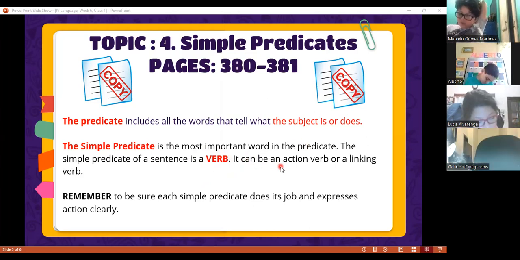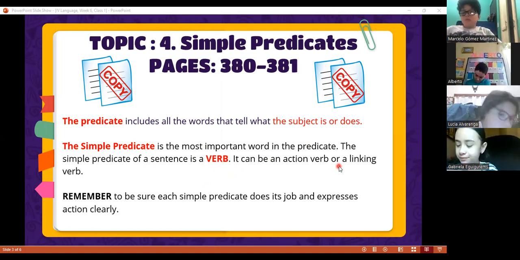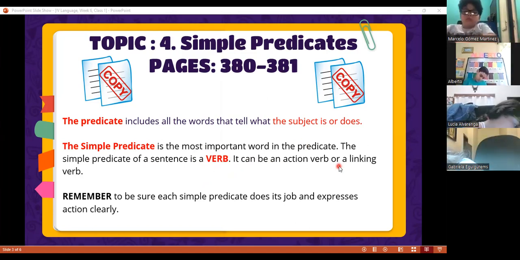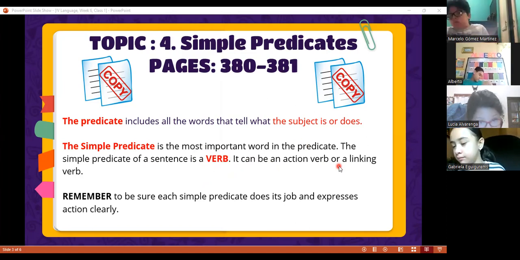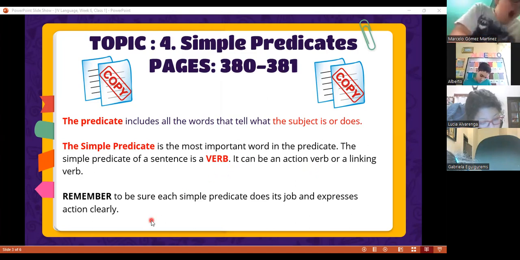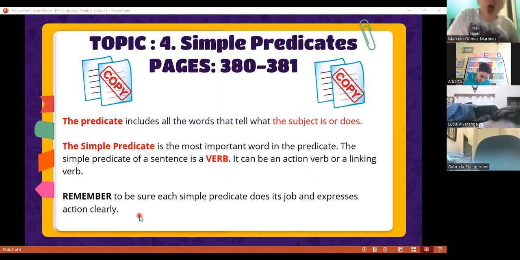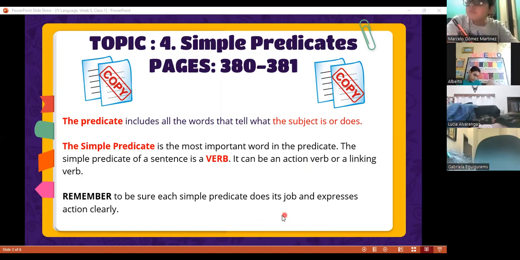It can be an action verb like jump, or a linking verb like the verb to be: am, is, or are in present, or was and were in past. So the verb is the simple predicate in the sentence. Remember to be sure that each simple predicate does its job and expresses the action clearly.